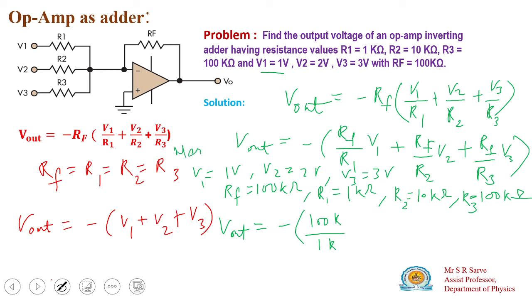Now substitute the value of V1, 1, plus. The kilo ohms will cancel, and 100 divided by 1 will be 100.